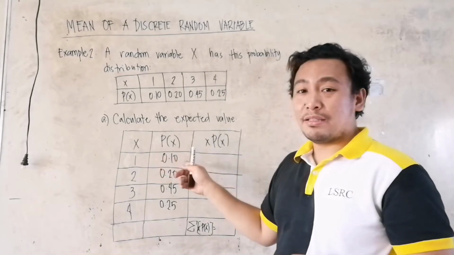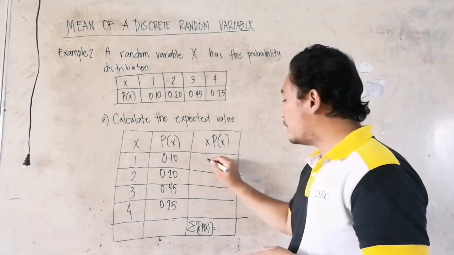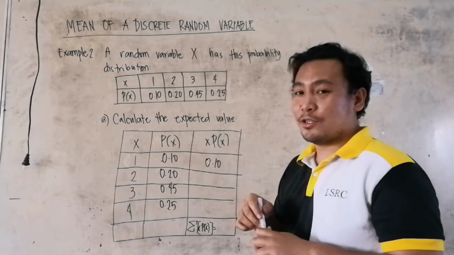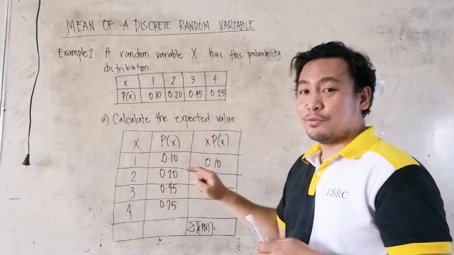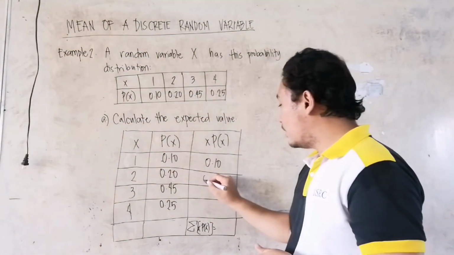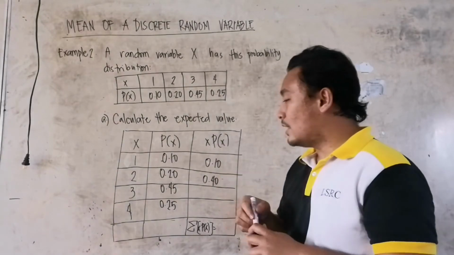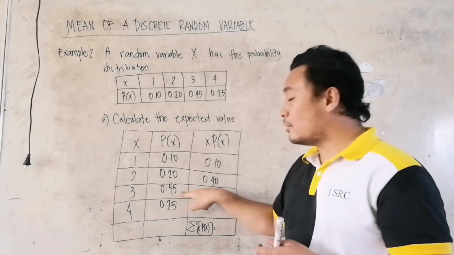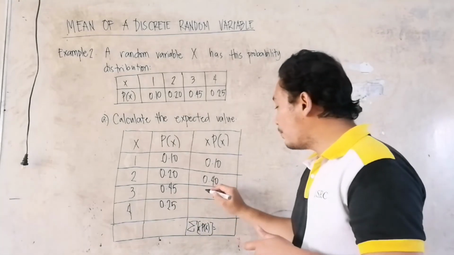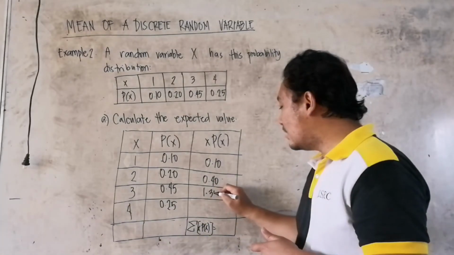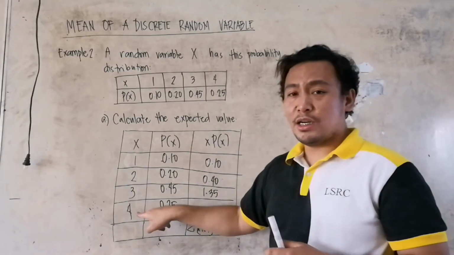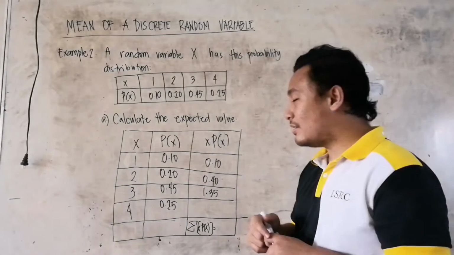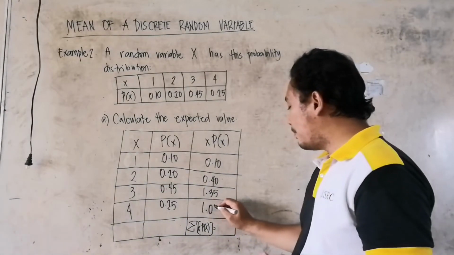So 1 multiplied by 0.10 is equal to 0.10. Very good. 2 multiplied by 0.20 is equal to 0.40. Next is 3 multiplied by 0.45. This is equal to 1.35. 4 multiplied by 0.25, this is equal to 1.